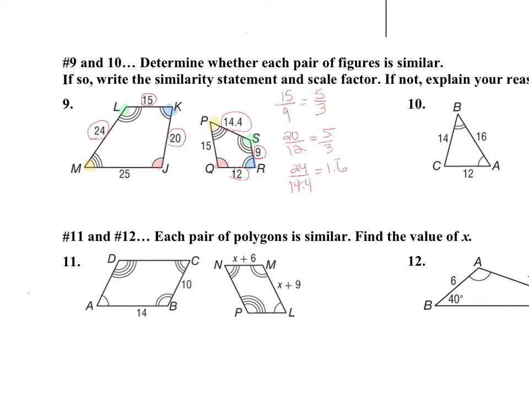And if we look at what we have up here, 5/3, if we converted that, that would be 1.6 repeating. So far, we are proportional. And then our last one here would be 25 and 15. And if we reduce by 5, we would have 5/3. So yes, we're going to be able to say that they are similar.